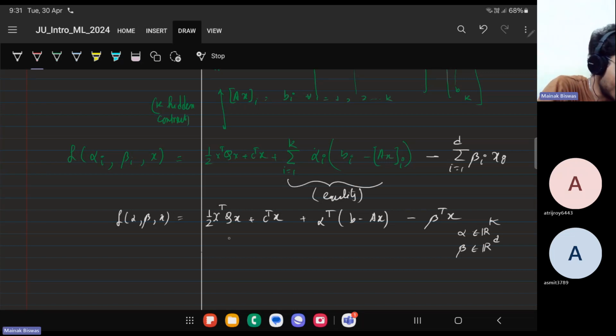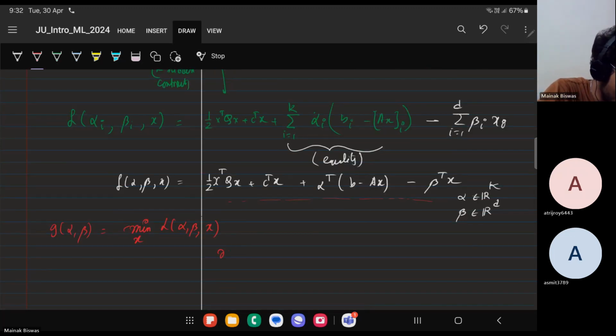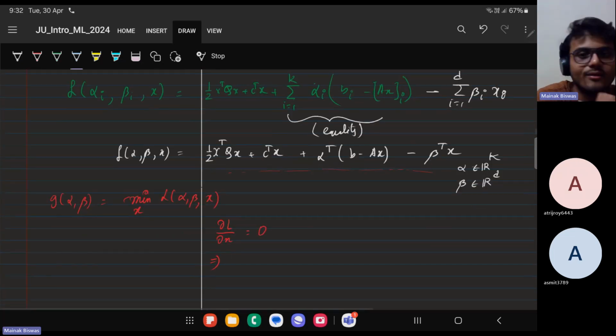So now this is an unconstrained case. Now I can do just dL dx, right? Remember, I have to get g of alpha comma beta, which is min over x of L of alpha, beta, x. This is the objective that I have. So first, what will I do? The derivative dL dx, and set it to 0. So what is dL dx? Tell me, or partial L partial x.